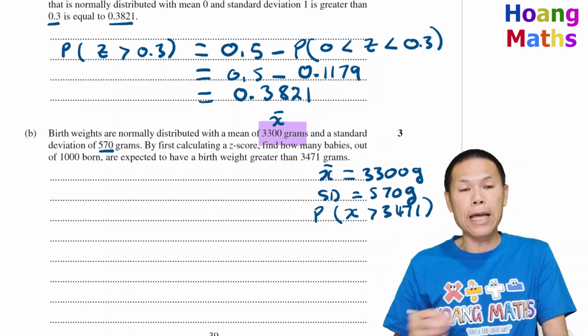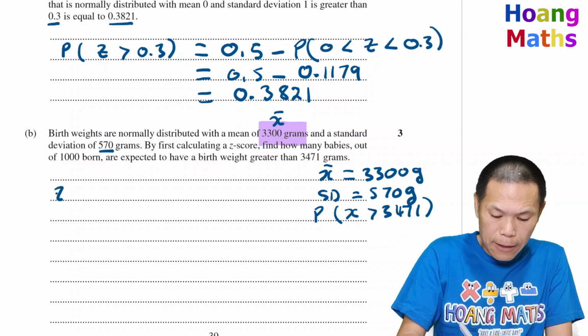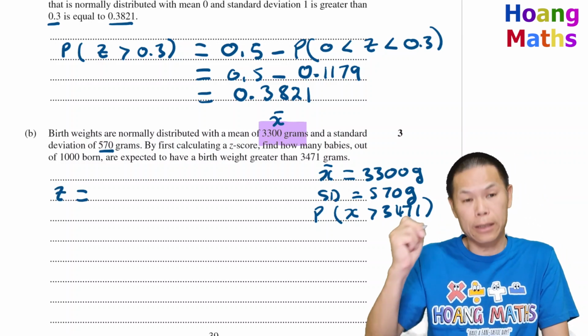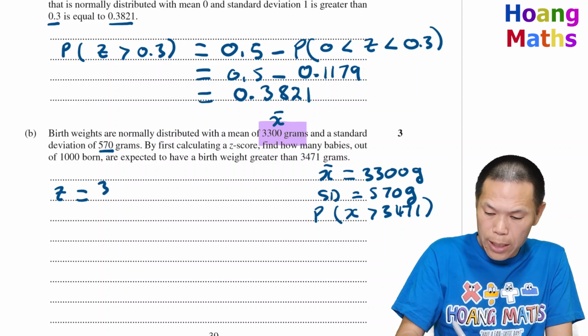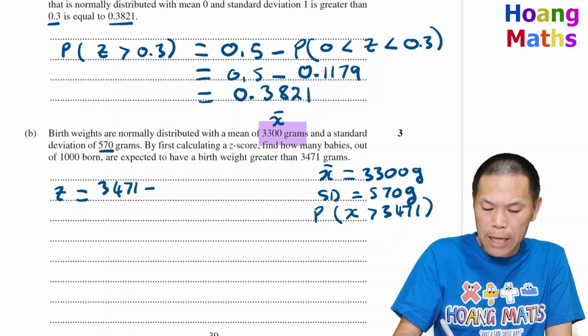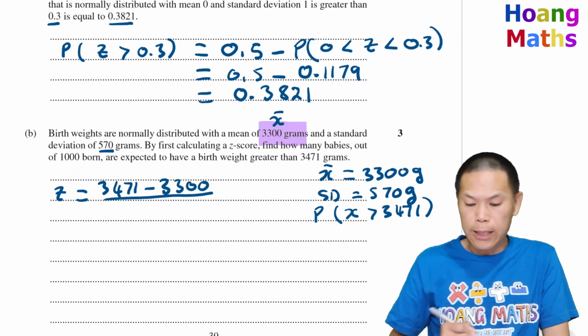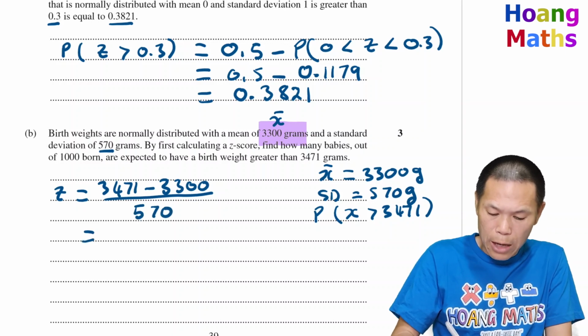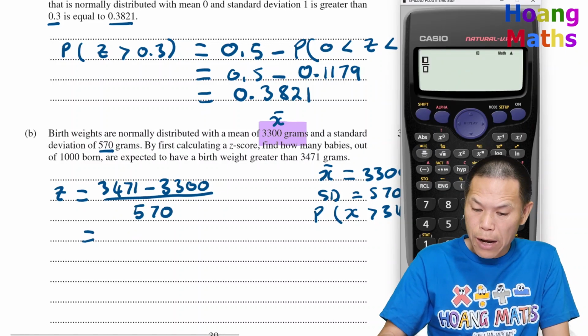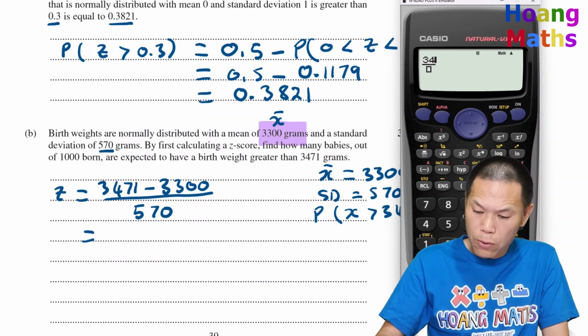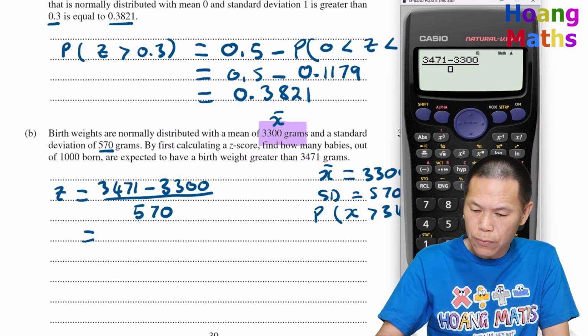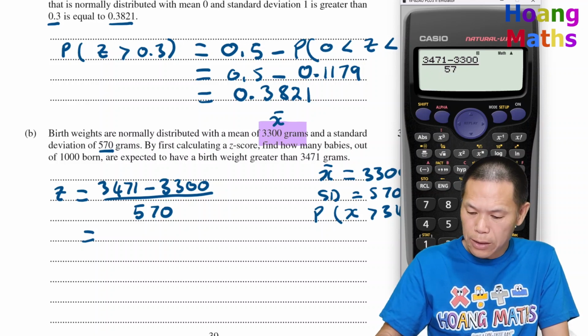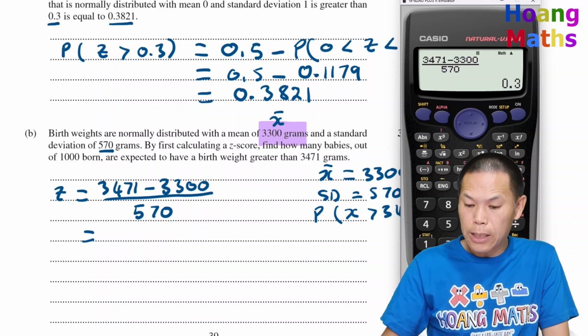Let me convert that to a z-score first. z is equal to x minus the mean, so 3,471 minus the mean, 3,300, over the standard deviation, 570. Using fractions, 3,471 minus 3,300, divided by 570, that is 0.3.